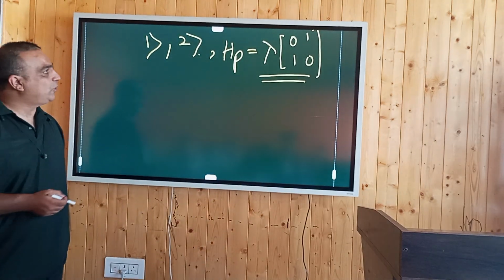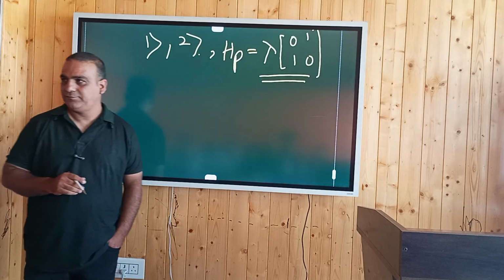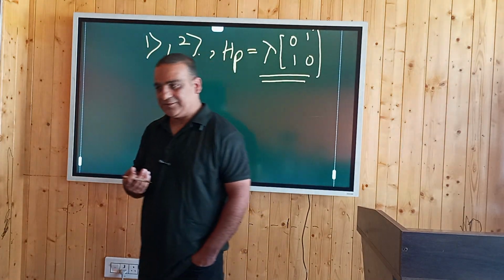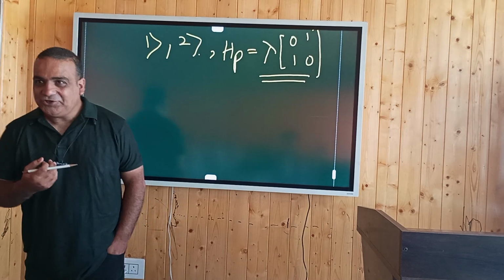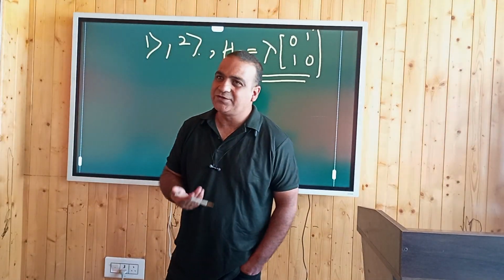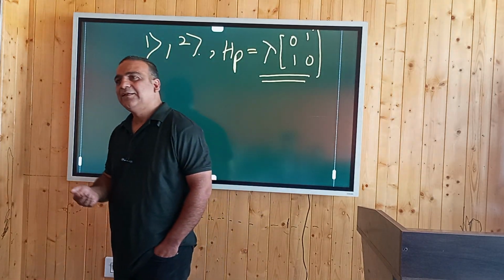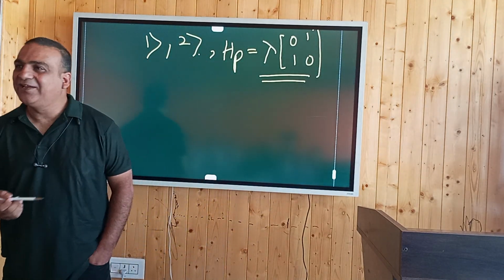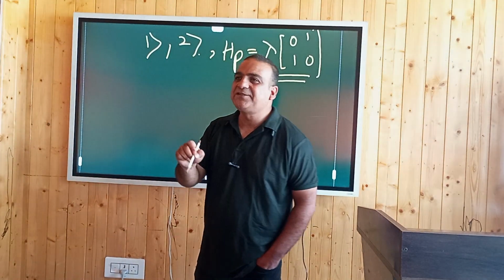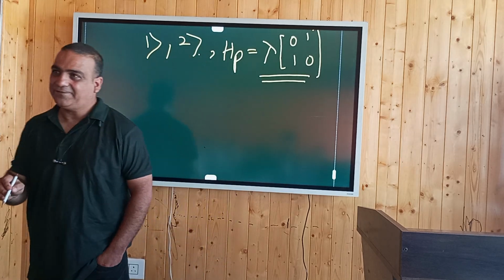Now we want to calculate the correction in the energy. When we introduce the perturbation, we come up with discrete energy eigenvalues. That means your perturbation lifts the degeneracy of your system.